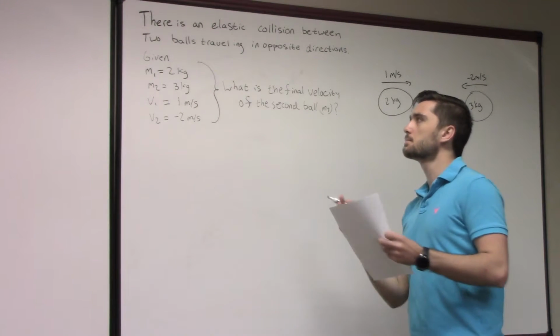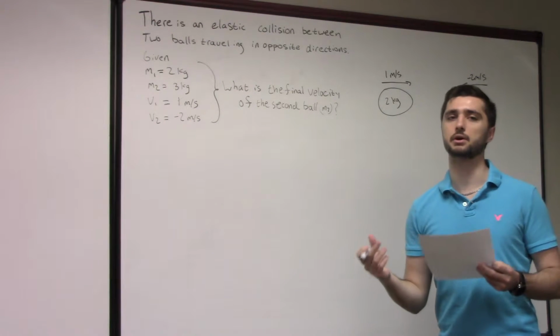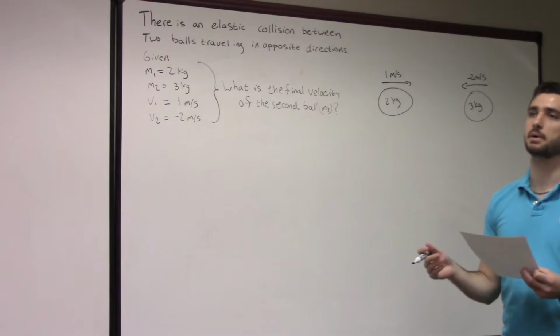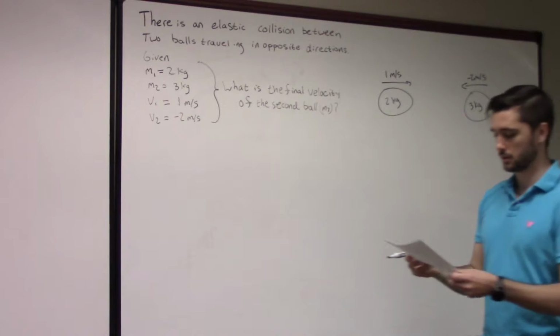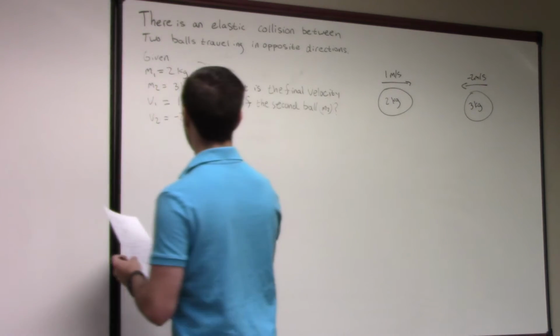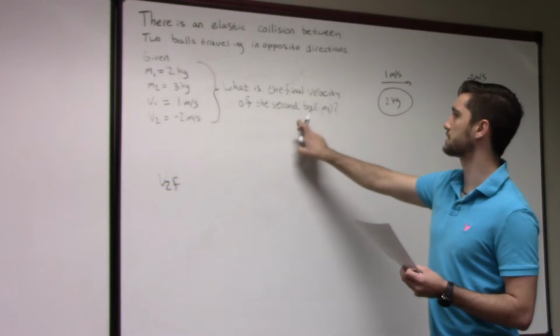Since I'm given that this is an elastic collision, that means that momentum and kinetic energy are conserved. And when those two conditions are met, we have an equation for a collision that makes this problem a lot simpler for us. So that equation is going to be velocity 2 final, since we're being asked for the final velocity of the second ball.